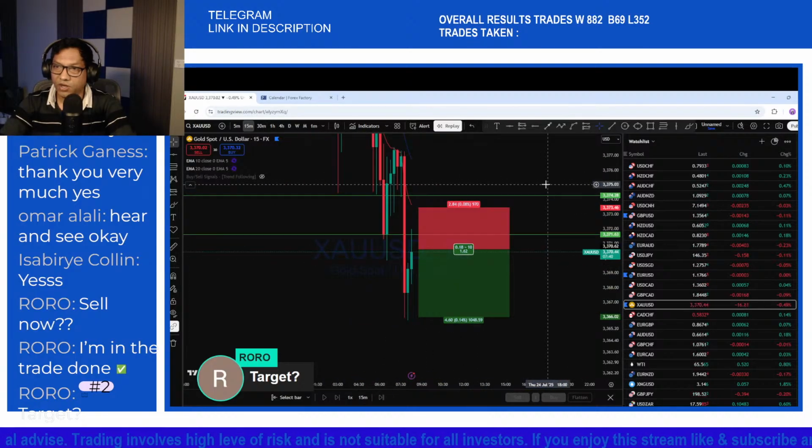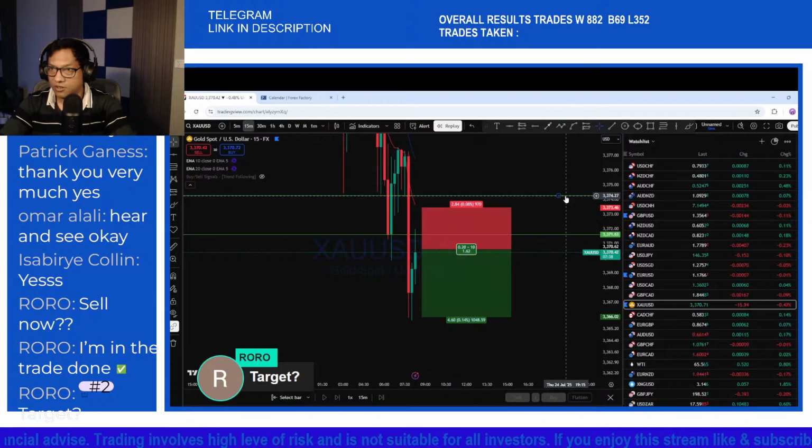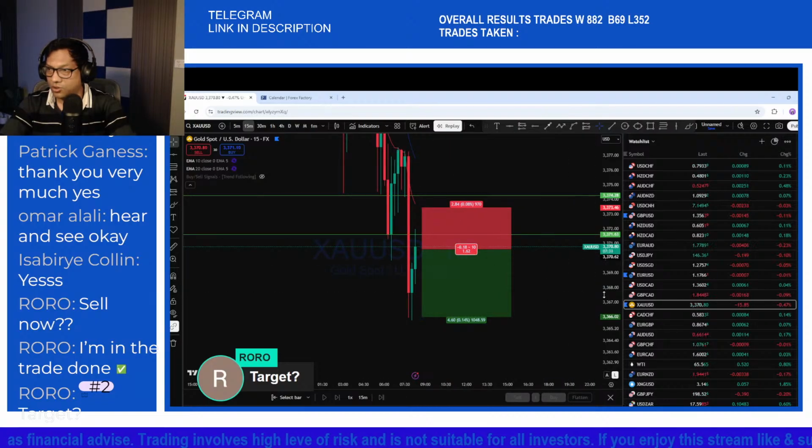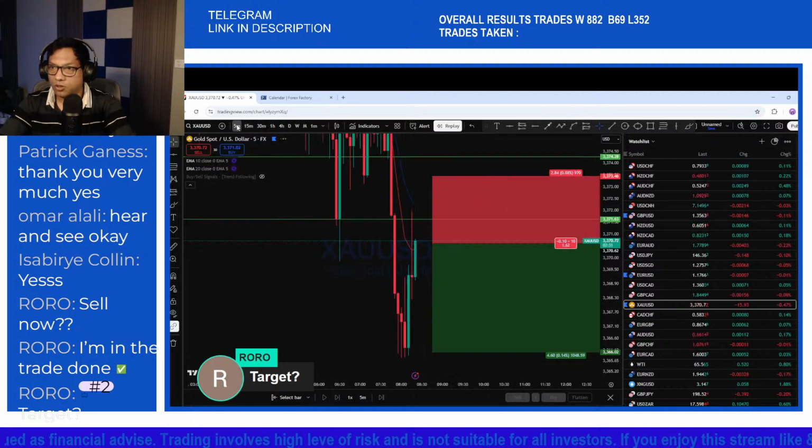So the 15 minute price action that you can see here also shows back to back 2 candlestick pattern formation on the lower time frame.